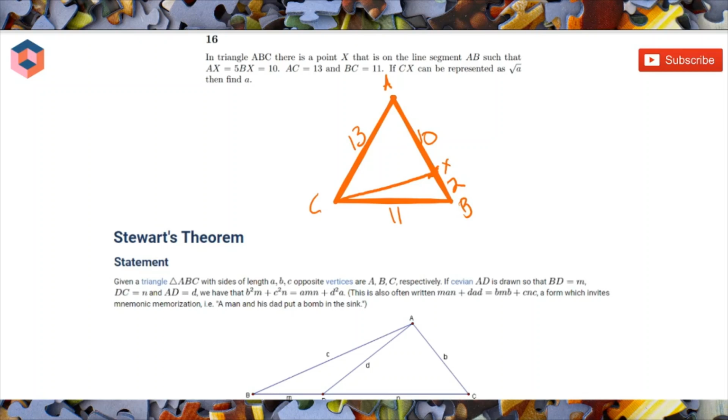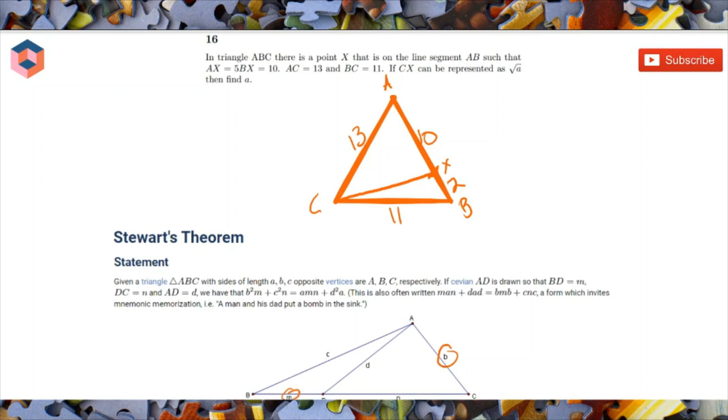Well, notice that we're literally given everything except for the length of CX. So if we plug it into Stewart's formula, we should get the length of CX, which is d in this case. So we have b squared m, so let's see, what is b squared m? That means one of the sides squared times the opposite part of side a.